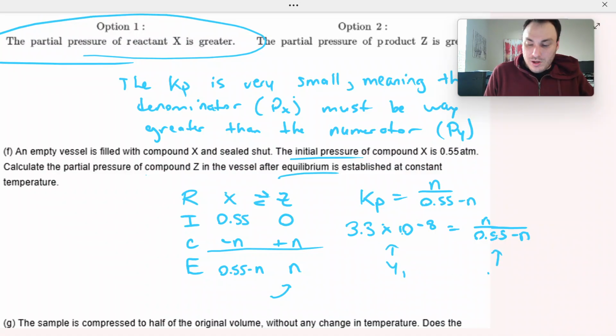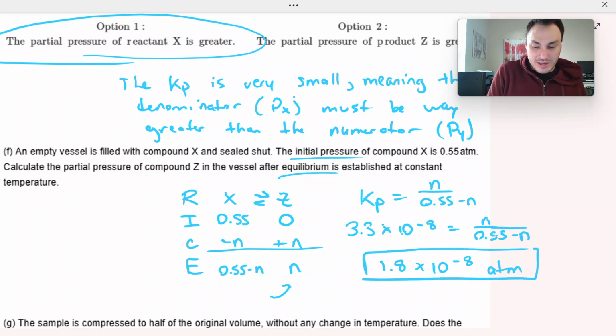This is y1, this is y2, and I'm going to solve for where my graph for y1 intercepts my graph for y2 because that's what n has to be equal to. And the answer is 1.815, or just 1.8 rounded to 2 sig figs, times 10 to the negative 8. And the units are going to be in atm.